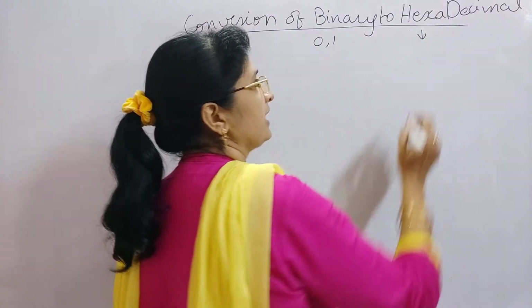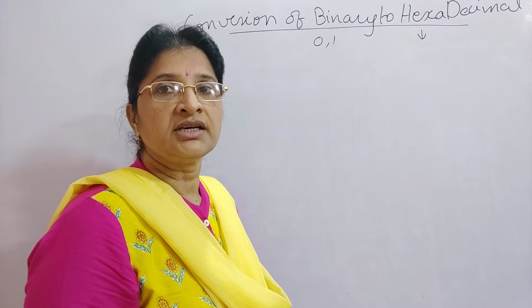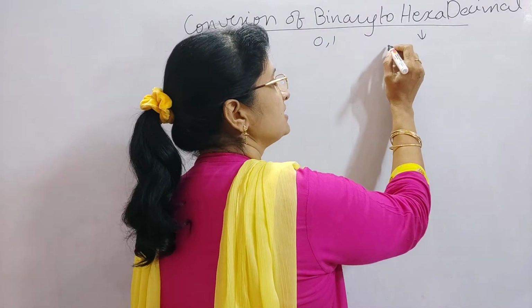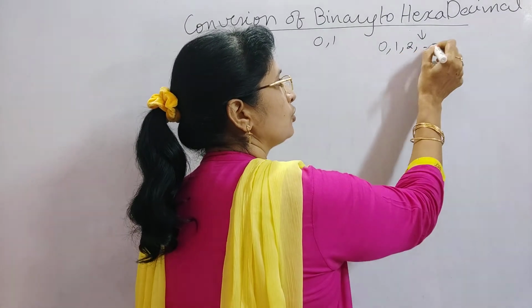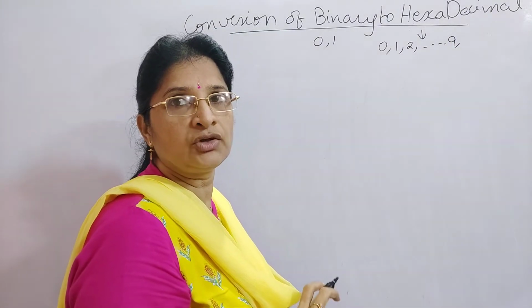And what is meant by a hexadecimal number is, hexa means 6 and deci means 10. So total how many digits will we have here? 6 plus 10, that is 16 digits. What are those digits? 0, 1, 2, and so on up to 9. So we have 10 digits, those are 0 to 9.